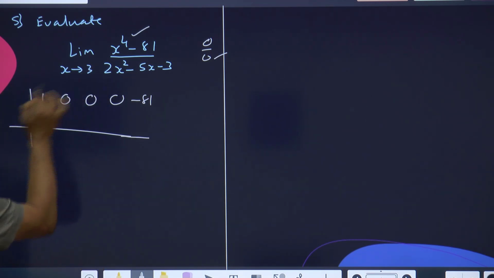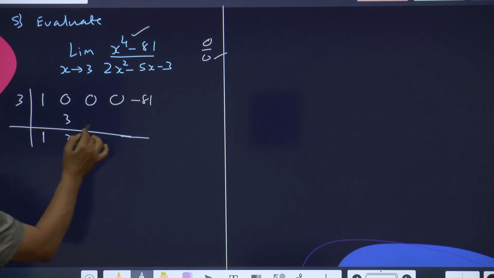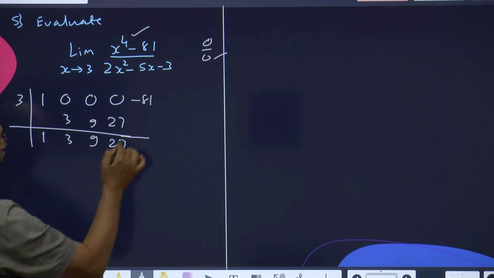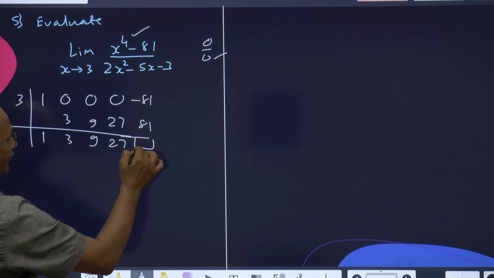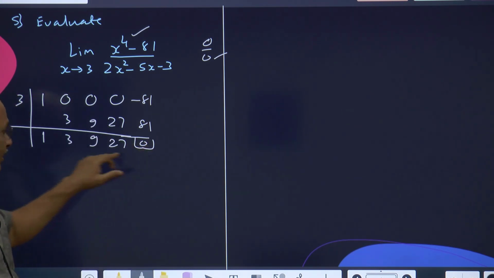And this is x tends to 3. So 3. Take the first one. 3 ones are 3. 3 threes are 9. 0 plus 9 is 9, 3 nines are 27, 0 plus 27, 3 into 27 is 81. Whenever you get 0 here, remember this is the remainder and this is the quotient. That means your working is okay.